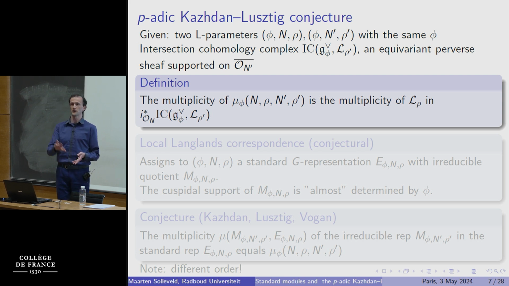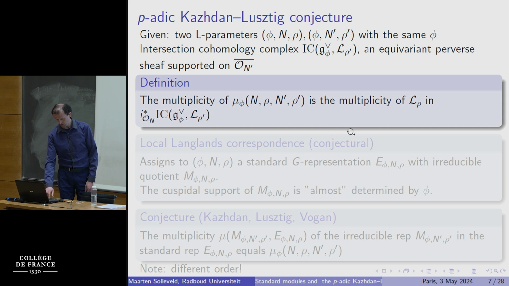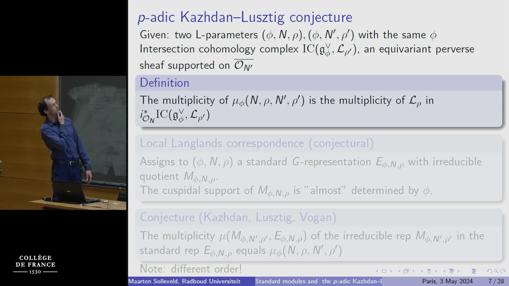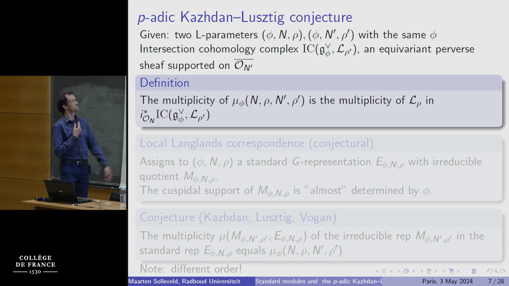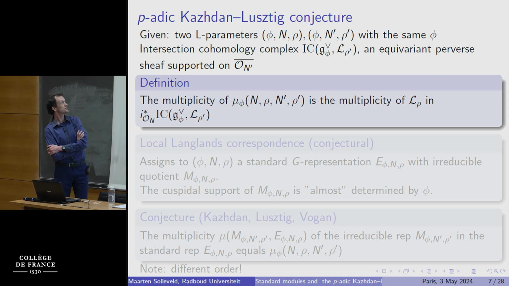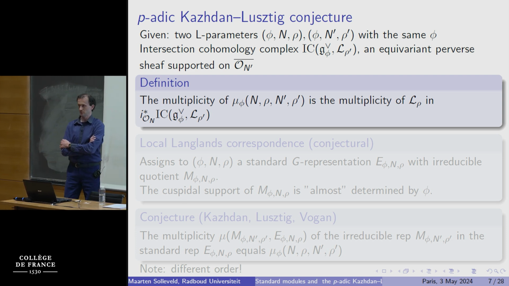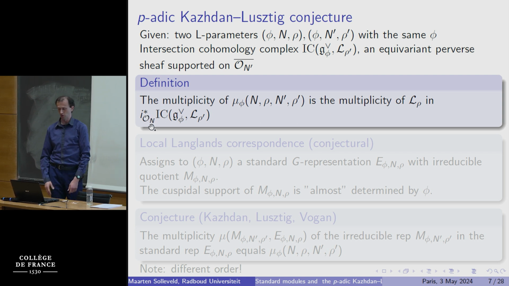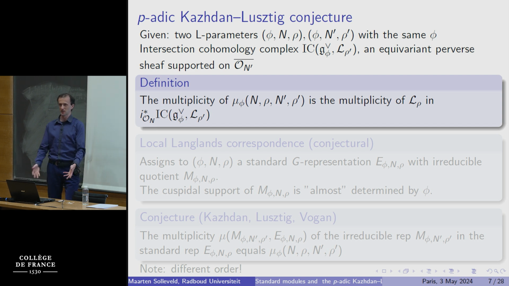On the other hand, you can compare it with some other local system, and then you can make sense of some multiplicity. But already for this multiplicity, you need to think a bit about what it means exactly. So I build this intersection cohomology complex, and then via this operation i star, which just means pull back to the nilpotent orbit where the other Langlands parameter lives.